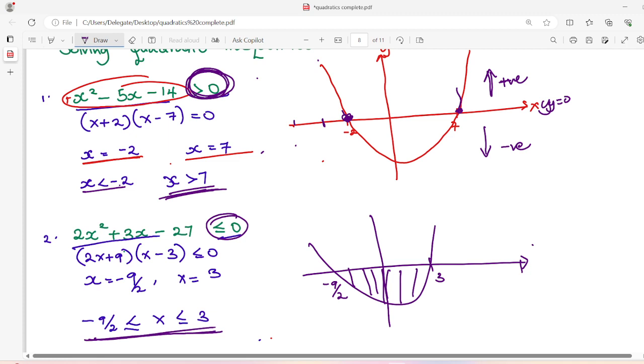Then when I go to the less, we are interested in the region. With inequalities, we are basically looking at regions. We're interested in the region where the quadratic graph is negative, and it is negative between -4.5 and 3.